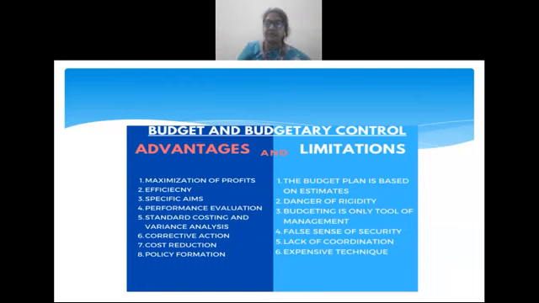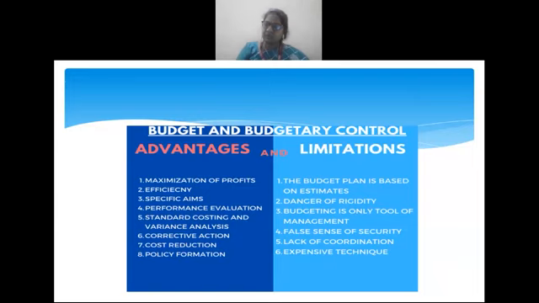Only when we budget can we know. For each and everything, there must be a specific aim. The performance should be valued. Then the costing, corrective action in case anything goes wrong: if cost goes higher, then it should be reduced. The policy formation, all these things are advantages.